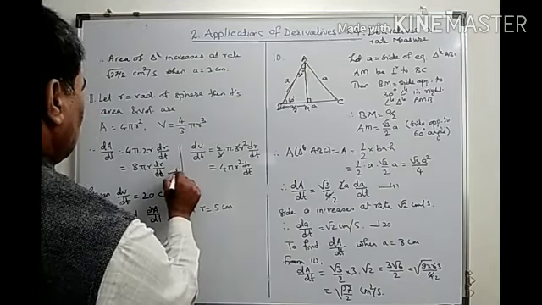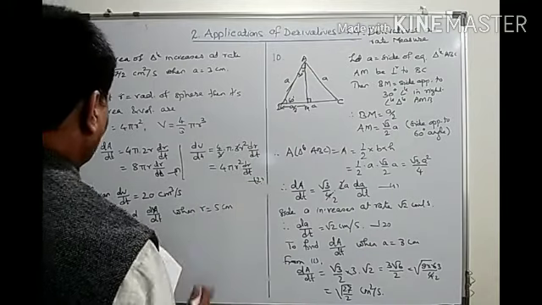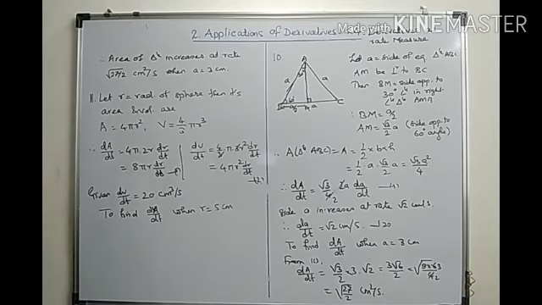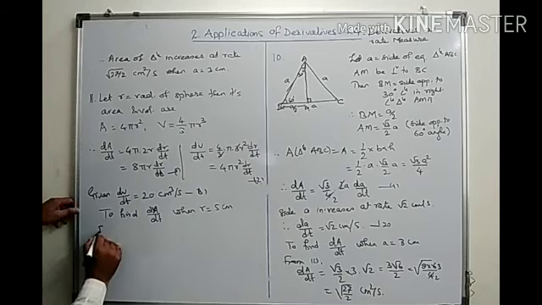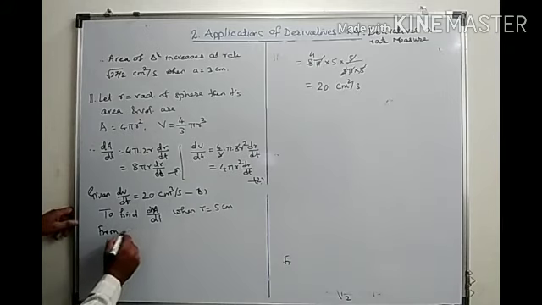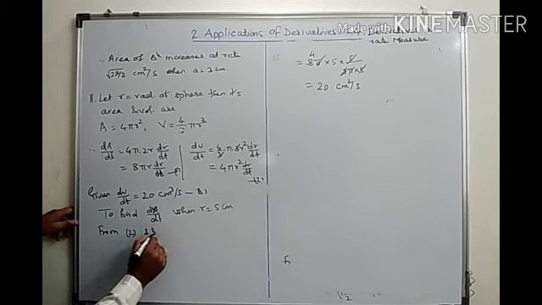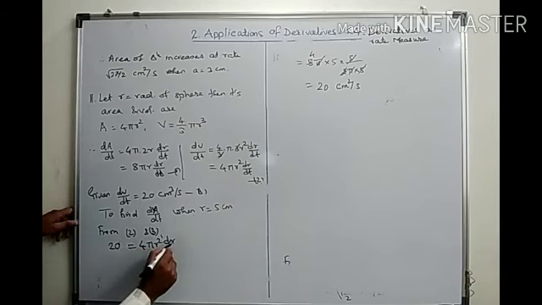Okay, so this is 1, this is 2. Okay, from 2 and 3, 20 is equal to 4 pi r square dr by dt, and therefore dr by dt is equal to 20 upon, this is 5, so 5 upon pi r square.